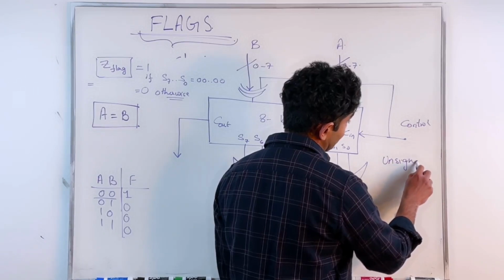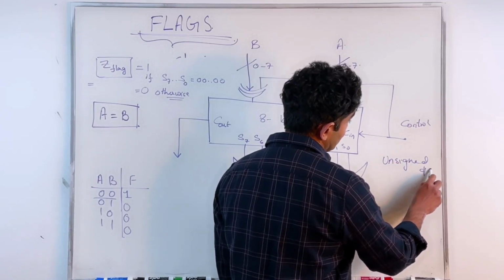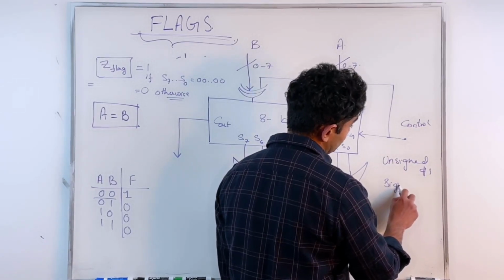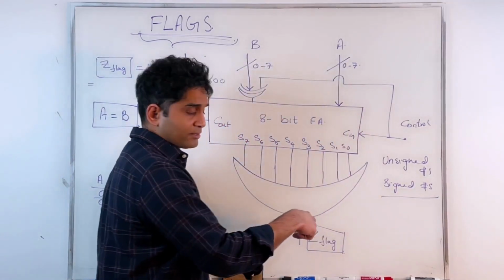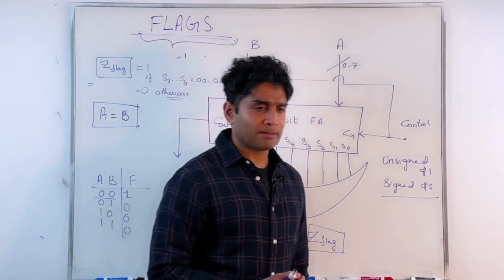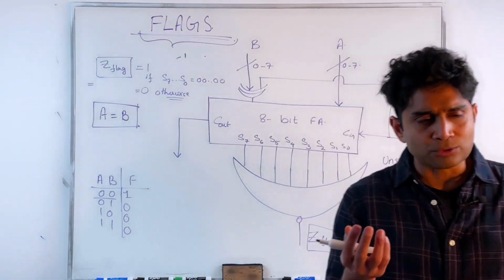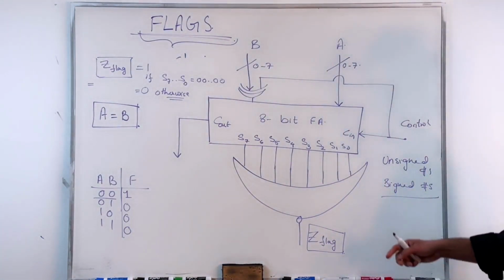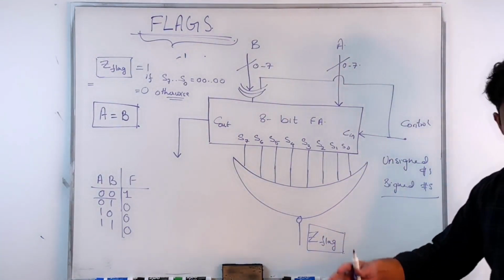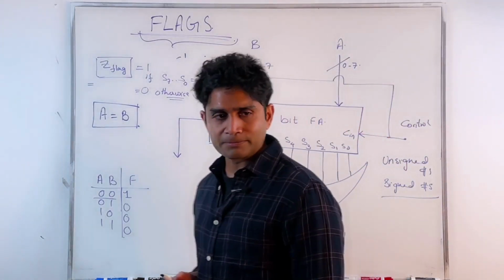Because your data can come as unsigned numbers as well as signed numbers. You have two possibilities here for the data. Can it work on unsigned numbers only, or only signed numbers, or both? What do you think?